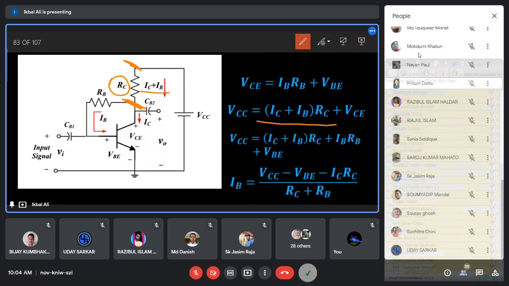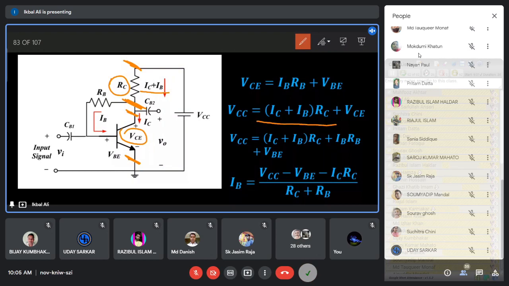So this term plus the voltage drop across the transistor, between the collector point and the ground of the emitter. That voltage drop is VCE. This voltage drop VCE is an unknown quantity, because how much voltage is applied between the collector and emitter, we have to calculate.